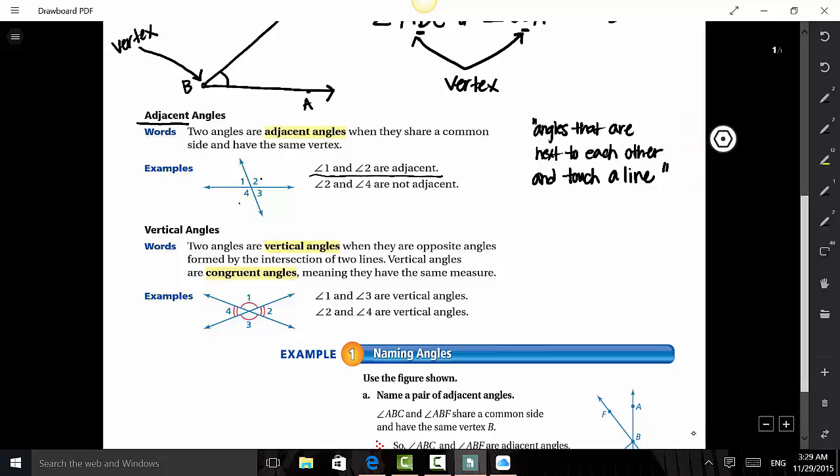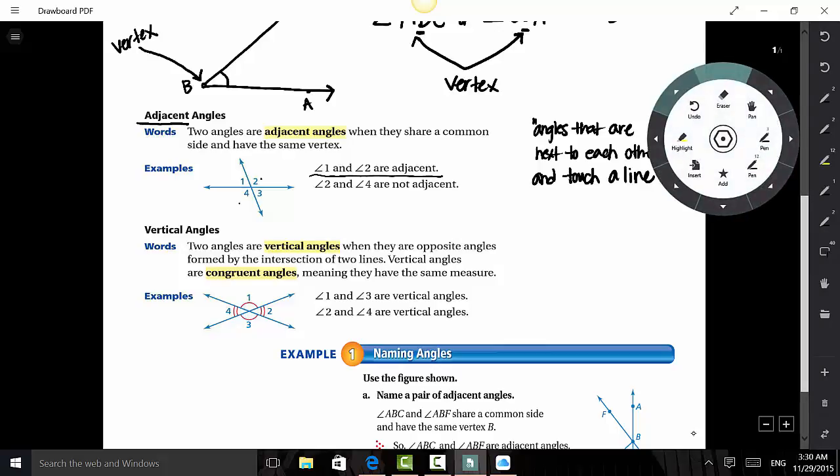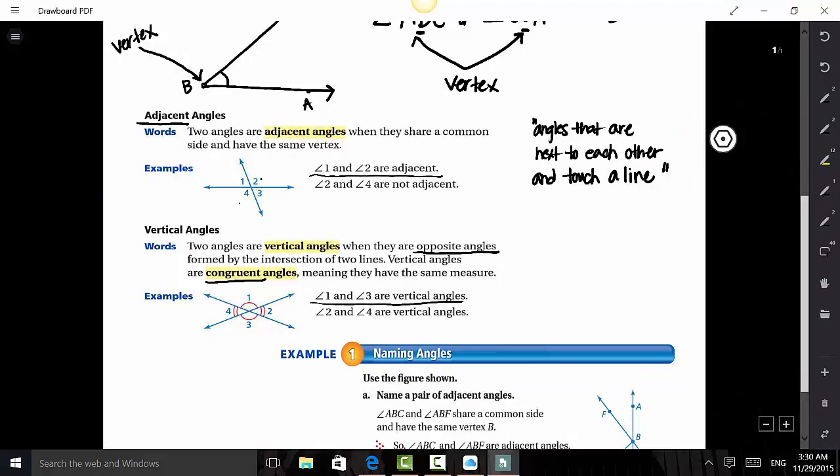The next one is vertical angles. Vertical angles are the ones that are opposite to each other, and they are congruent, meaning that they are exactly the same. They have the same degree. So angle 1 and angle 3 are vertical angles. Notice that they are on opposite sides. Angle 2 and angle 4 are vertical angles.